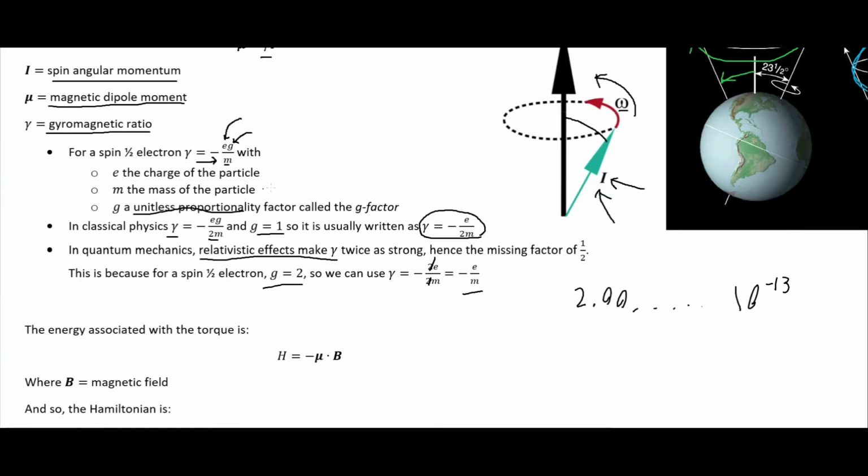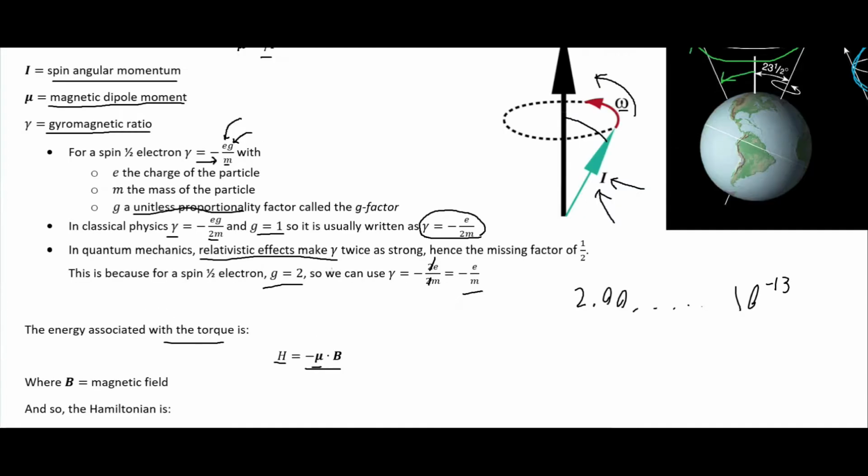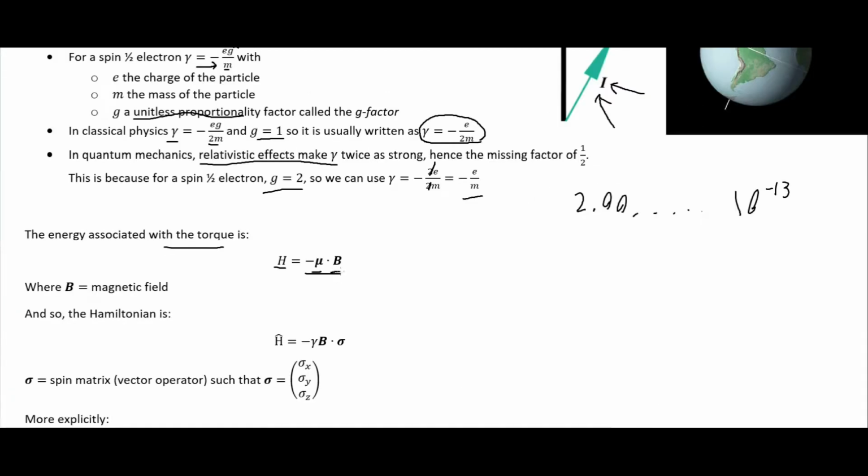All right, so this spinning is causing a torque, because torque is sort of the force of a spin. The energy associated with the torque is this H, which is minus mu dot B, where mu is, like I said, the magnetic dipole up here, and B is the magnetic field that our particle is in. So B equals our magnetic field.